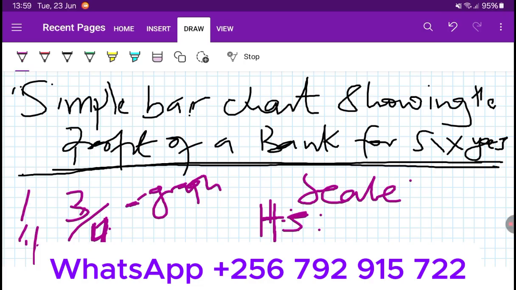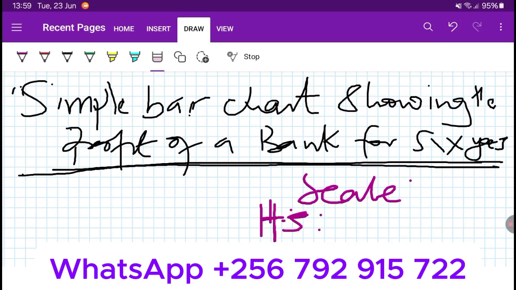So you have to balance your graph paper, not to draw a graph that is covering, let's say, 1/4 of the graph and the rest of the thing. It's not a must, because at some point you may fail to apply what we are talking about, but it's always better to apply such information.